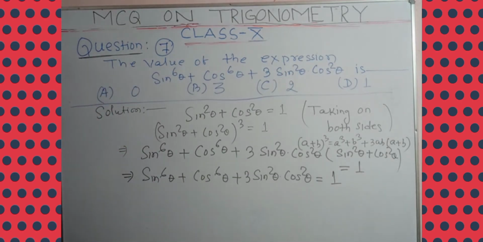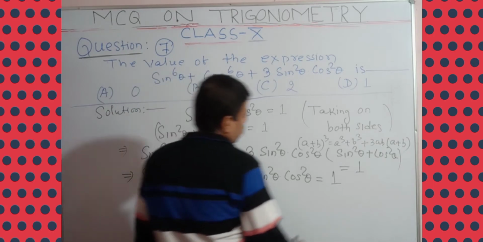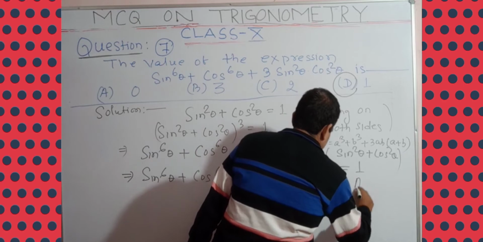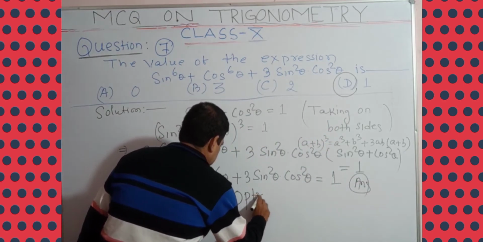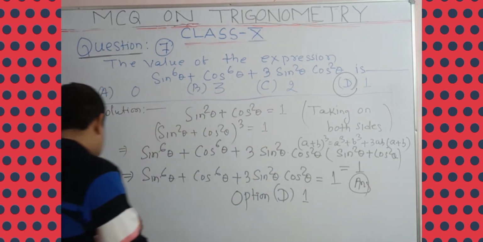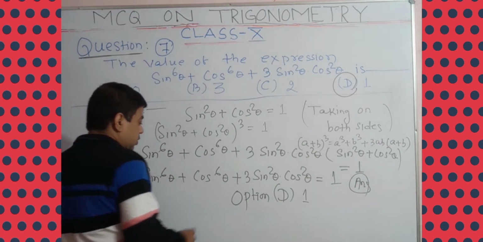Understand? So this is the required value. So which is the correct option? Here D is the correct option, hence we got option D, which is 1. Yes, this is question number 7 I am discussing for you.